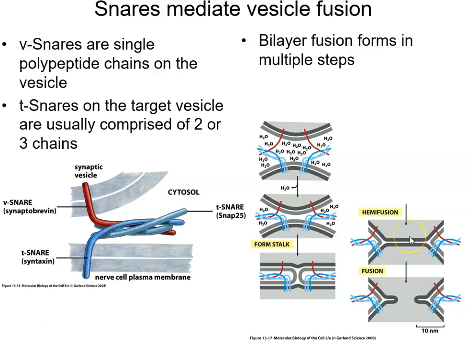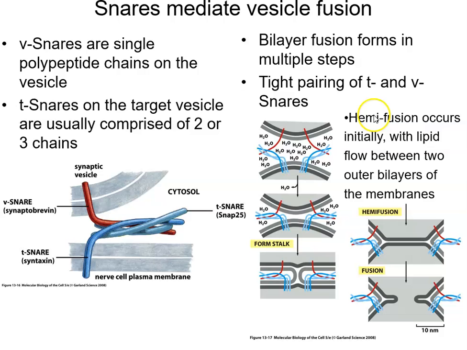Then we get hemifusion, and that's where the inner phospholipid bilayers form a bilayer, and then we get complete fusion, and the 2 vesicles at this point are fused. So hemifusion occurs initially once you've driven out all of that water in between the 2 vesicles, and then you get complete fusion occurring very soon after.